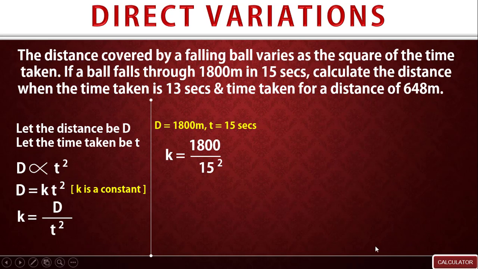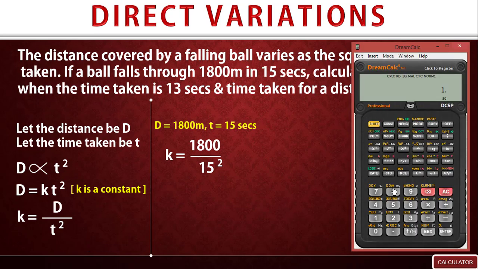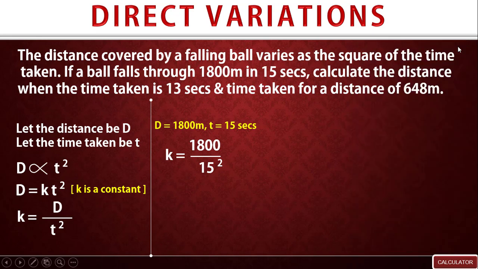So let's use our calculator to do that. 1800 divided by 15 squared. You press the square button, 15 squared gives us 225, and then you press enter or equals, that will give the value of 8. So our k is equal to 8.